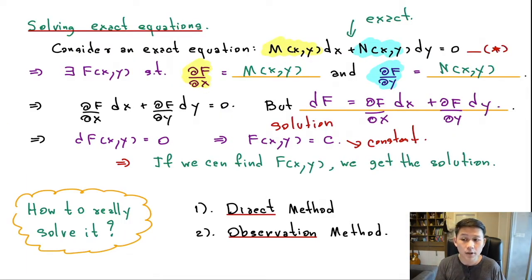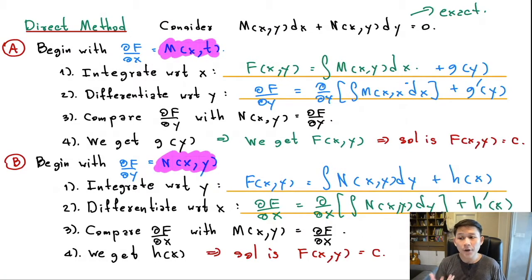which is the direct method. For the direct method, there are two choices. First, you can begin with df/dx = M, and after that you integrate df/dx with respect to x. In that case, you will have f(x, y). But you have g(y) as well, right?